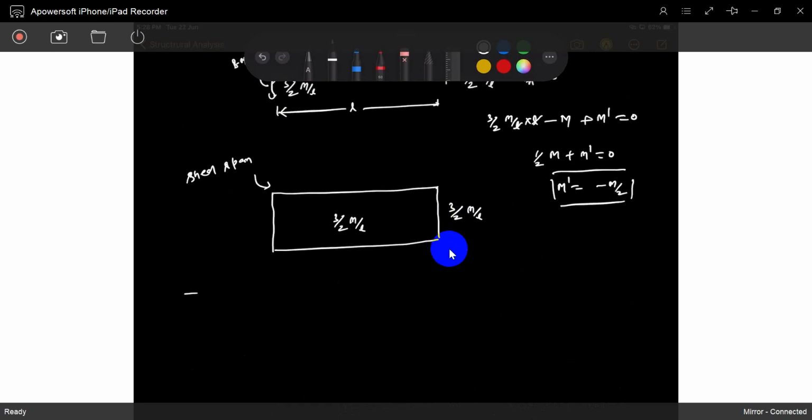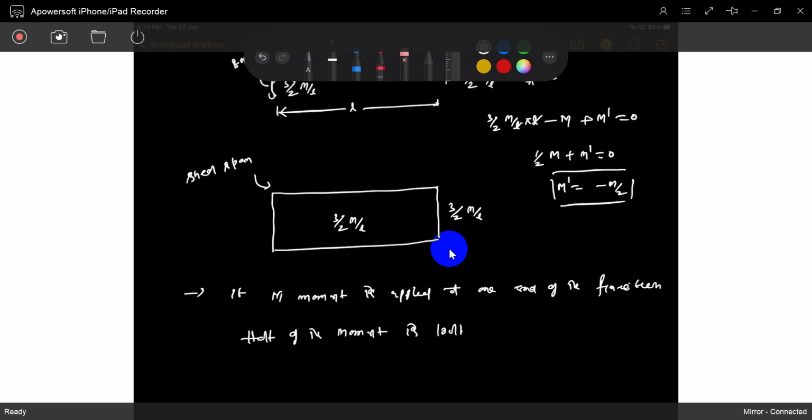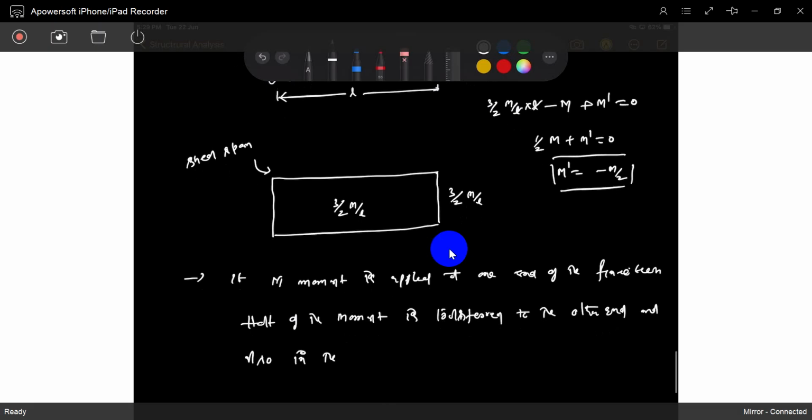I will give it as a statement: if M moment is applied at one end of the fixed beam, half of the moment is transferred to the other end, and also in the same direction.